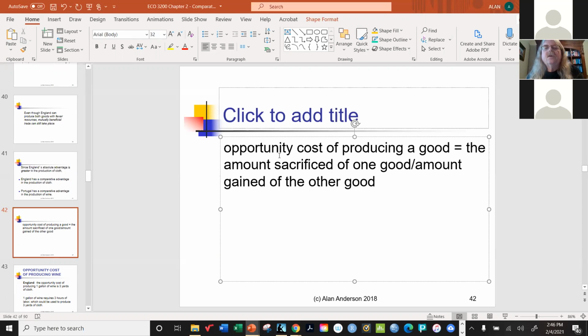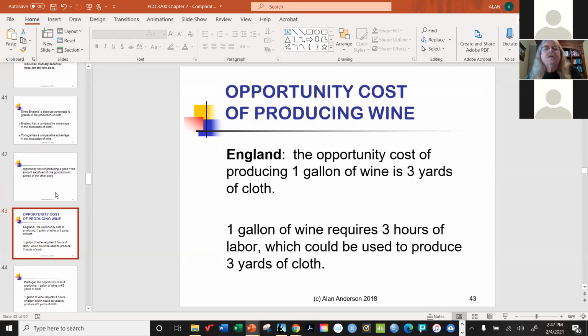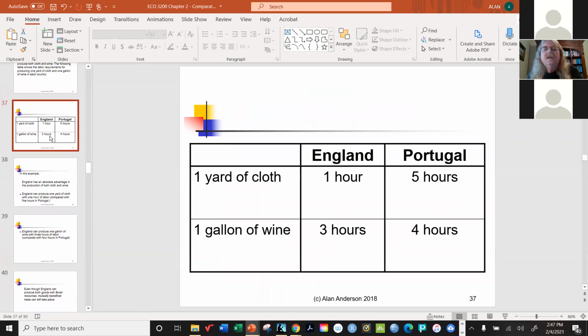So the key here is that you always put the sacrificed amount in the numerator of this expression, and you always put the gain in the denominator. All right, so that's the key to all of this. So watch this. When it comes to England, I want to calculate the opportunity cost of making a gallon of wine. If we go back to our chart, if I make a gallon of wine, I'm using 3 hours.